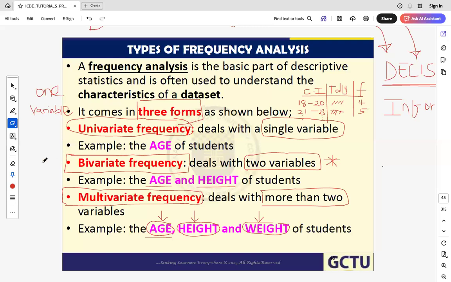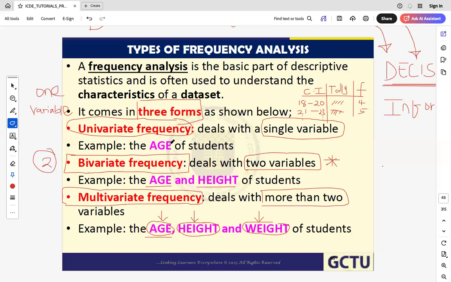The second one we want to do today is called the bivariate frequency table. Bi means 2. So if I compare it with a 1, this is a 2 variable frequency analysis. What we know is the 1 variable frequency analysis.